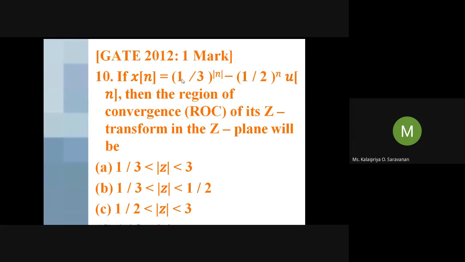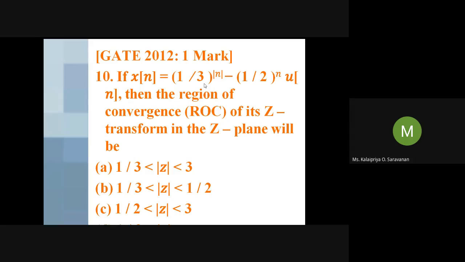But what about this one, (1/3) power modulus n? Modulus n could be split as plus n and minus n. So this (1/3) power modulus n will split into two functions: (1/3) power n and (1/3) power minus n. Accordingly, you will have to split the u(n) as well. So these are not two terms, but three terms.